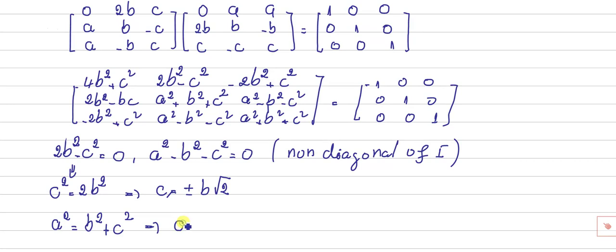So we got A squared is equal to this one, C we got already to be 2B squared, so we got B squared plus 2B squared. So we got A squared is equal to 3B squared.